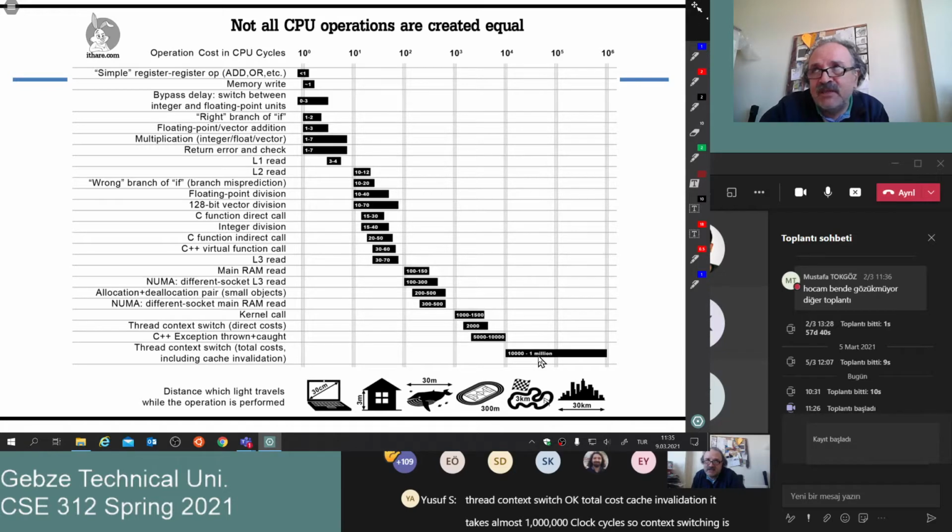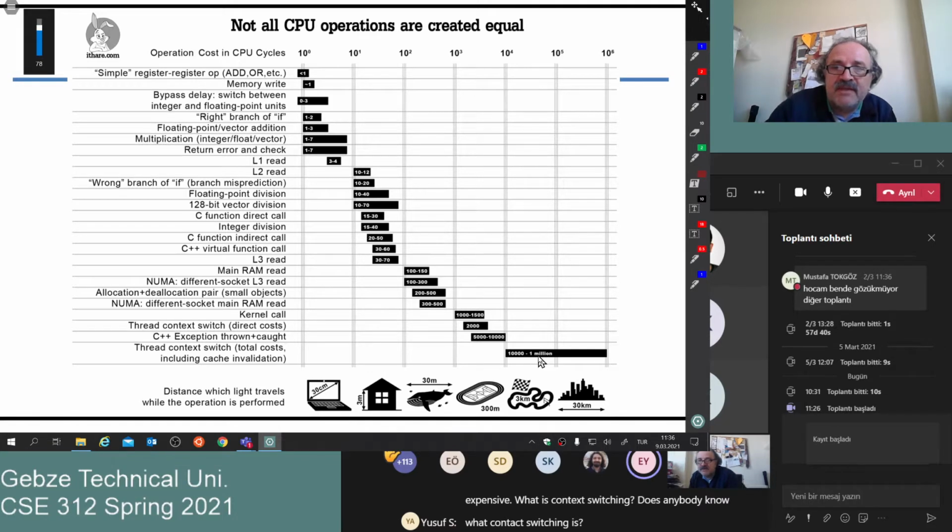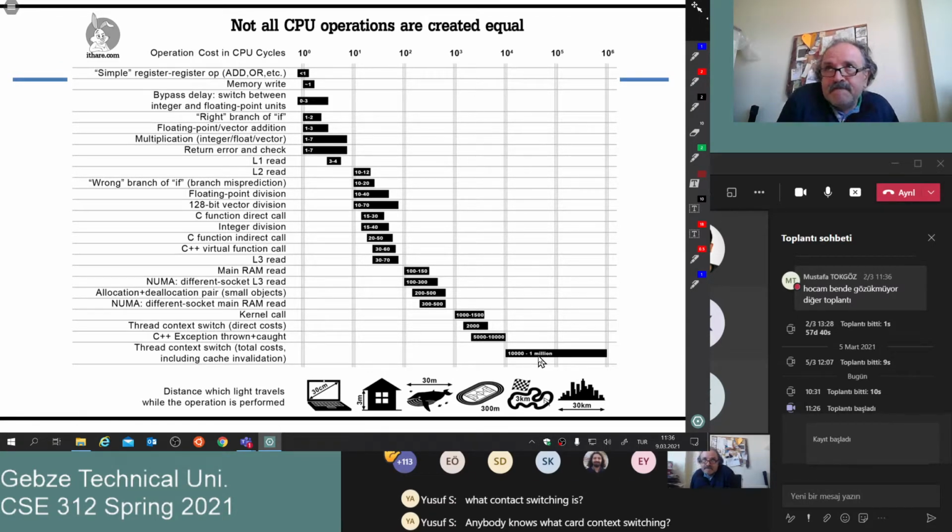What is context switching? Does anybody know what context switching is? Anybody knows what context switching? Turning the CPU from one job to another.